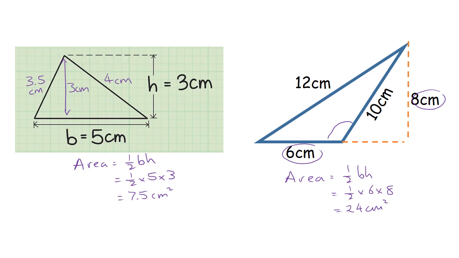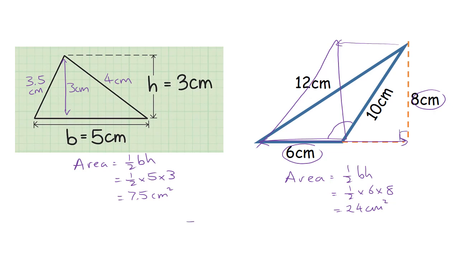Can you see, if I extended this base on here, there's the perpendicular height. I'm not using all of this length here because that's not part of the triangle. And if I move this point to here, I would have a triangle like so. So you've just got to find the two lines that would be at right angles to each other. That's your base and your height.